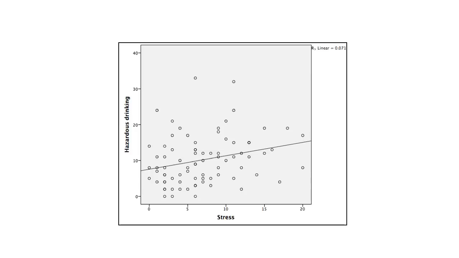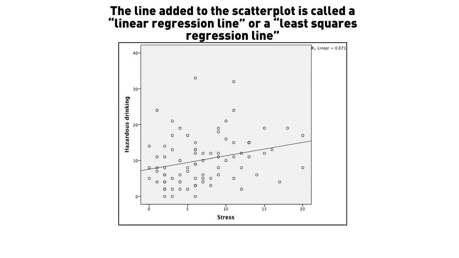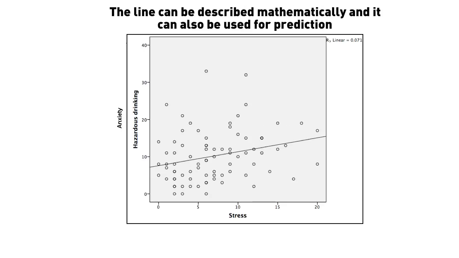The line that is added to the data is called a linear regression line or a least squares regression line. The line can be described mathematically, and it can also be used for prediction. For example, if we know someone has a stress level of 17, we can read up to the line and along to get the predicted hazardous drinking score of 13.